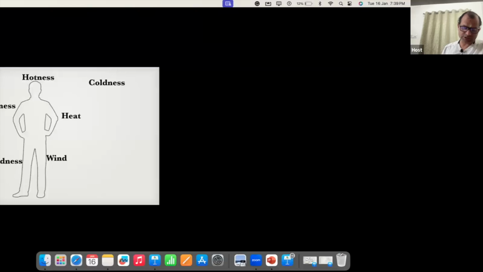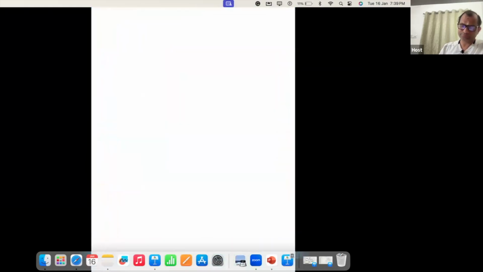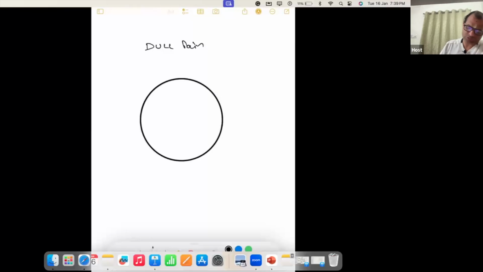So as per the 6 energy concept, pain might be having many different types. Okay. And if we talk about the dull pain, in the 5-element cycle, the humidity is creating dull pain. Dryness is creating acute pain or sharp pain.